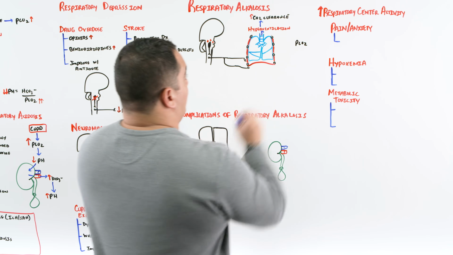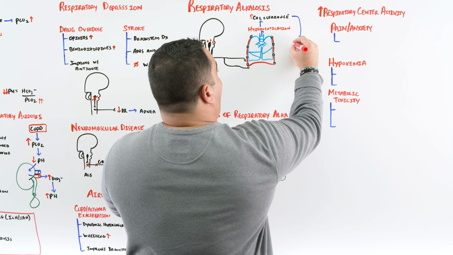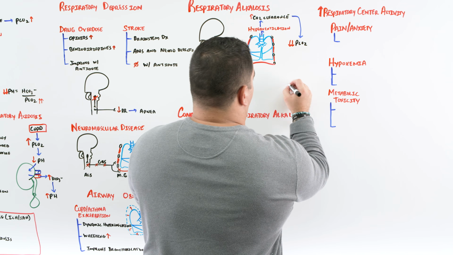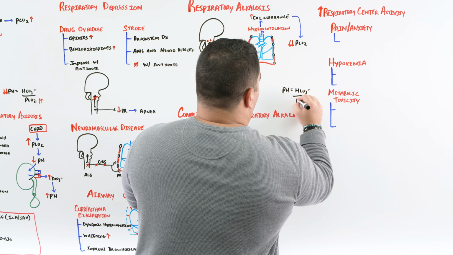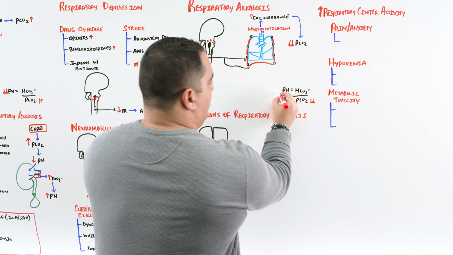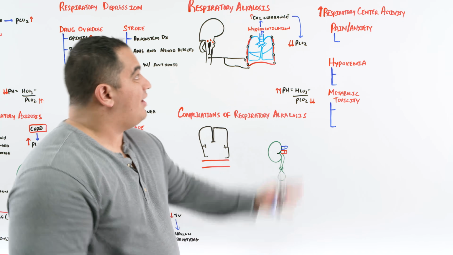It will dip. If it dips, what's going to happen to my underlying pH? Well, use the equation here: pH is equal to bicarb divided by the PCO2. As my PCO2 dips, my pH will go up, because again, these are inversely proportional. So that's how I get the alkalosis.